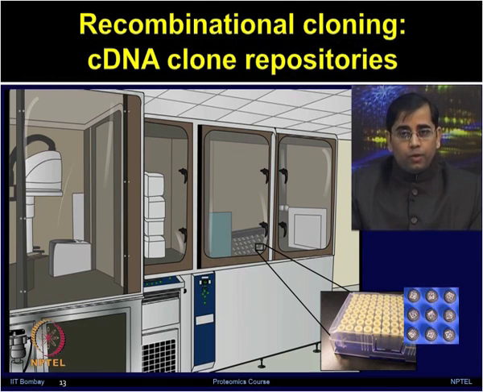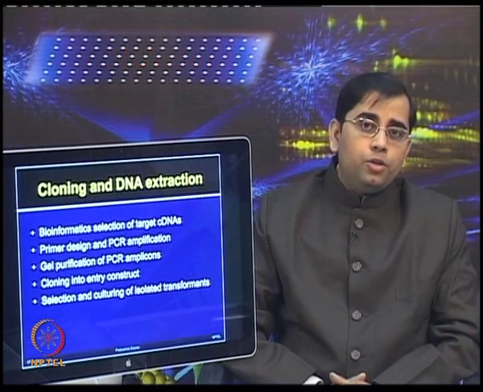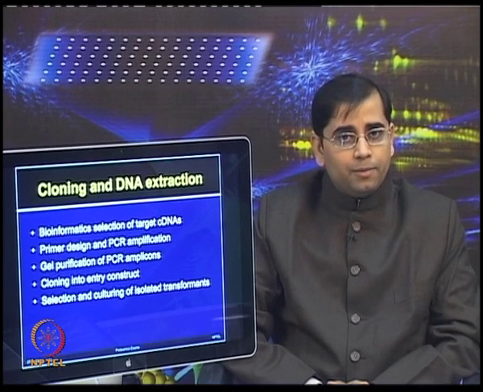So, these clones are sequence verified, they are usually in Gateway or Creator vectors, which can be transferred to suitable vectors very easily. So, one needs to do the cloning and DNA extraction before performing the printing steps.